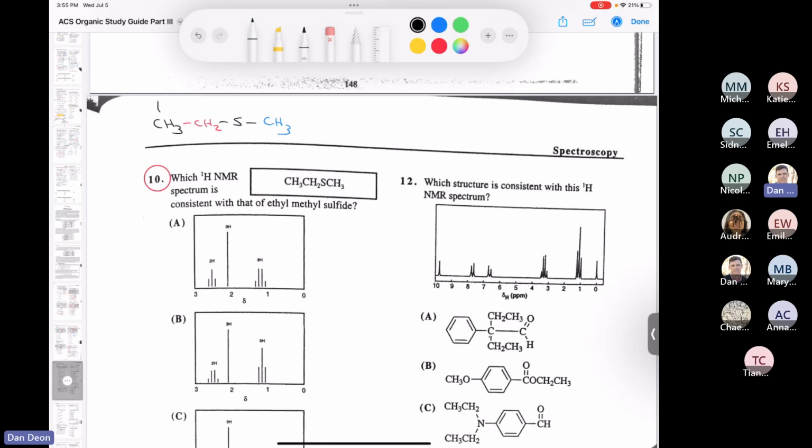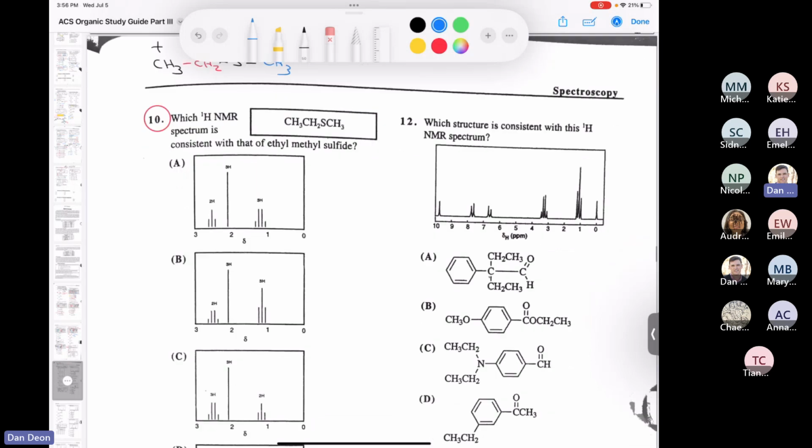So we've got a triplet for this one. What about the 2 protons in red? Quartet. Yeah, we get a quartet for this guy. And the 3 in blue is going to give you a singlet. So we should have a triplet, quartet, and a singlet.